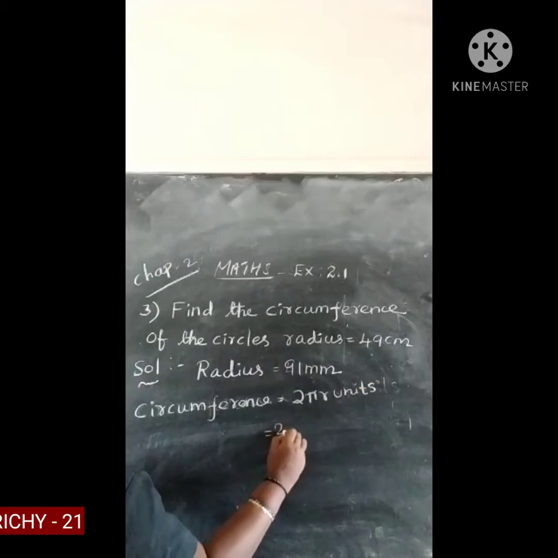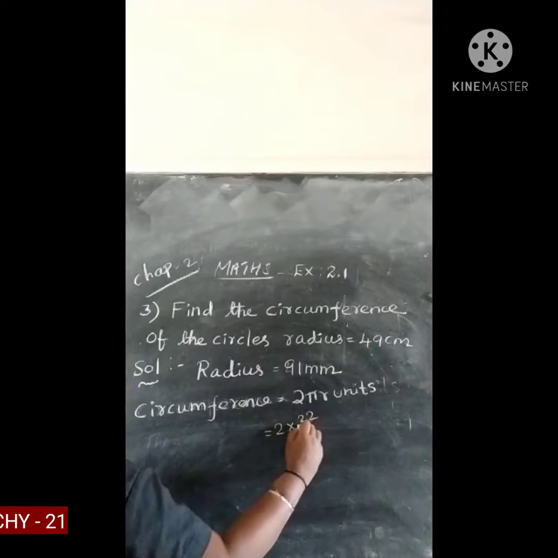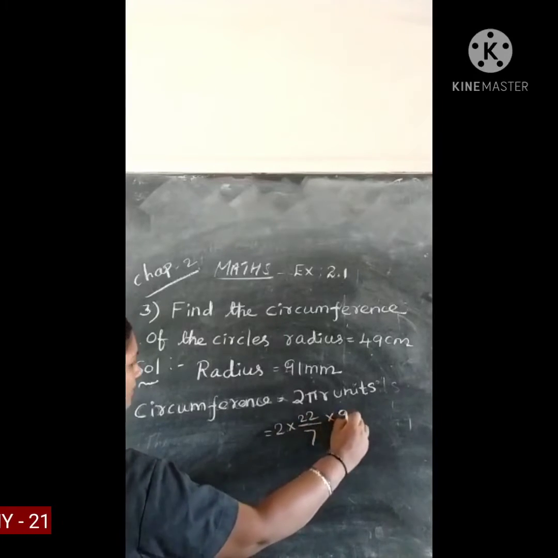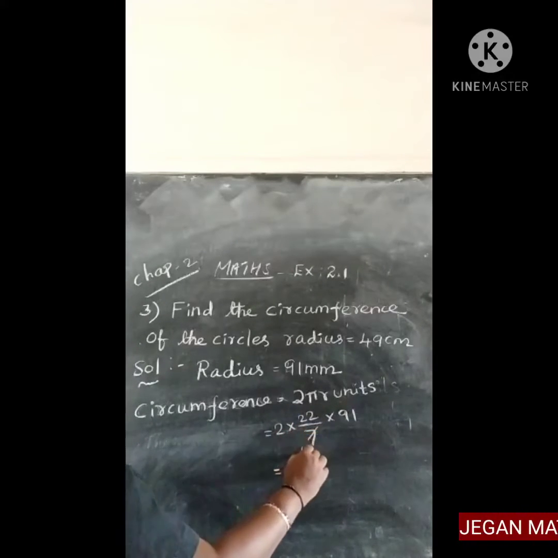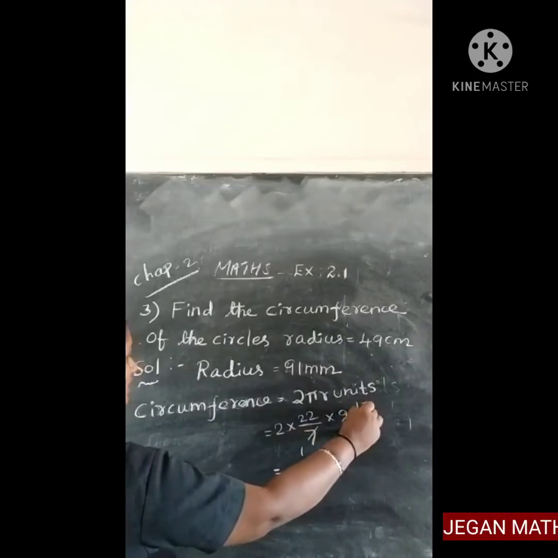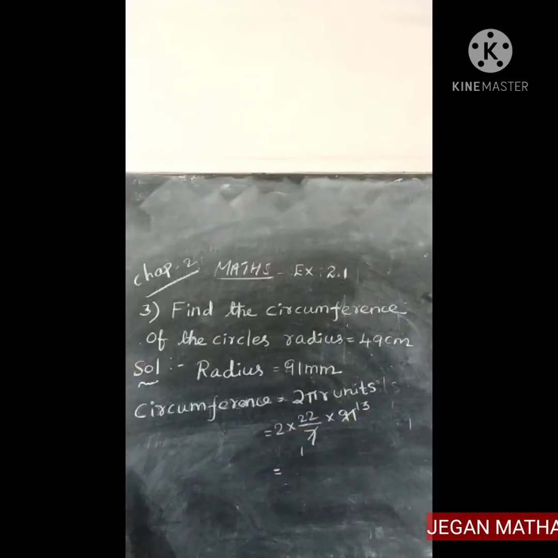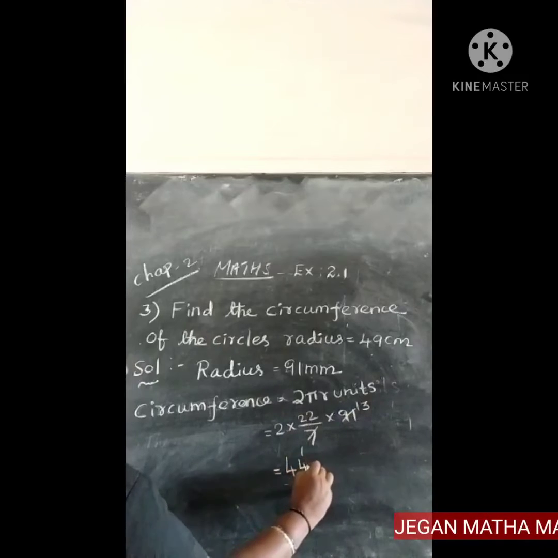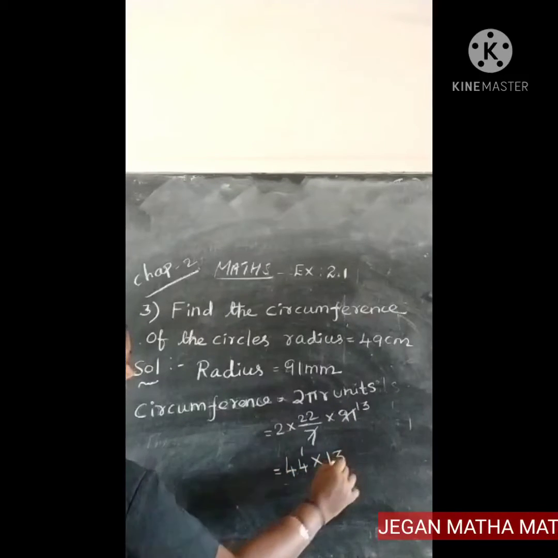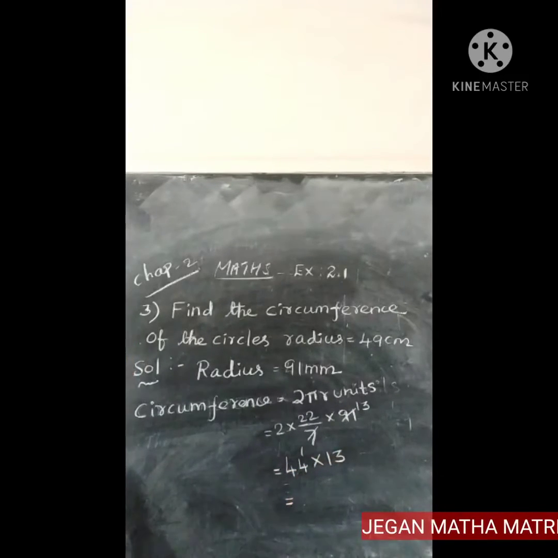So 2 multiplied with 22 divided by 7 multiplied with 91. Here simplify using the 7th table. We have 1 7s are 7, 13 7s are 91. So multiply the three numbers. 2 into 22, 44, multiply with 13. So multiply the two numbers.